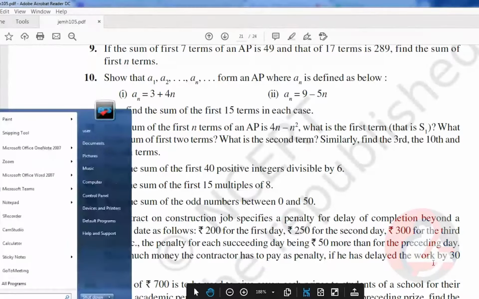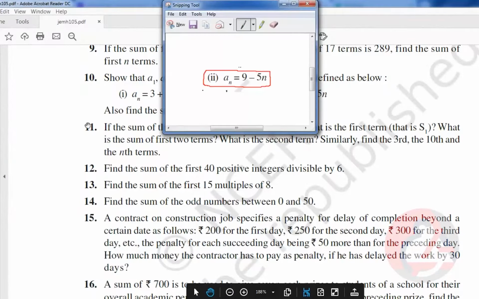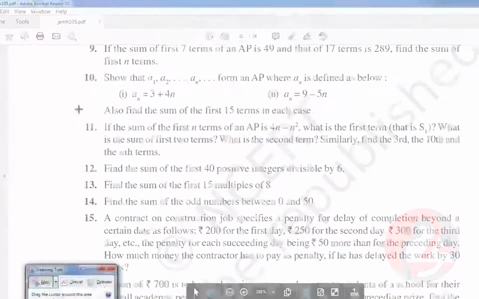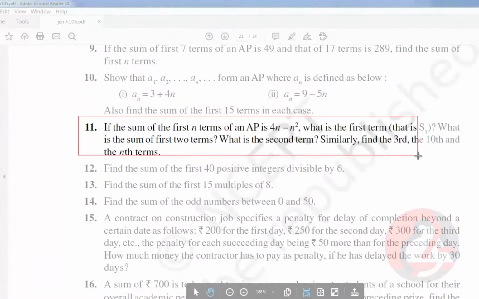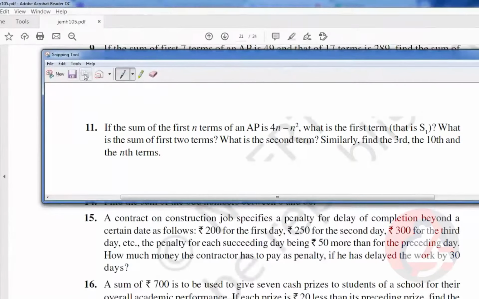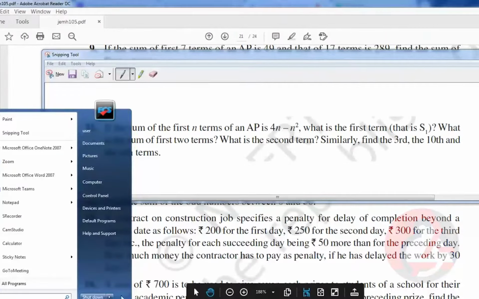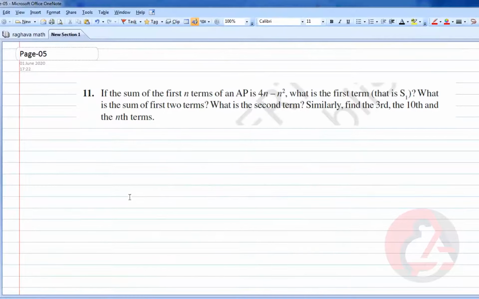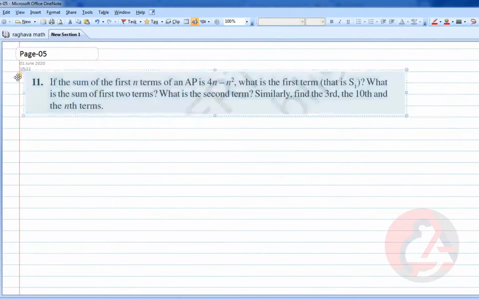I'm moving to the 11th one. Please try to understand the question, try to solve this question. I will give you a few minutes time.